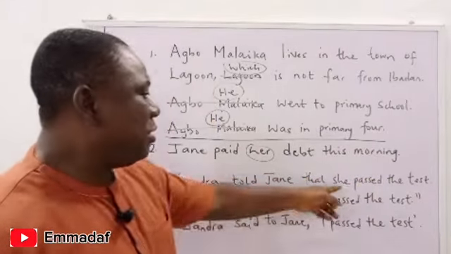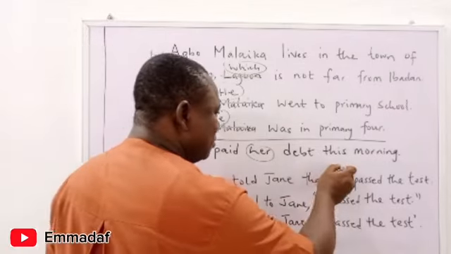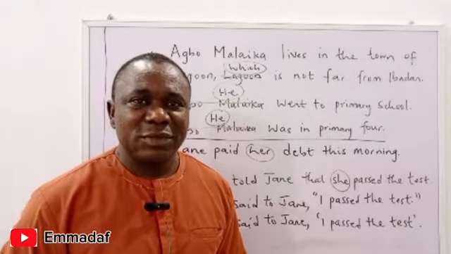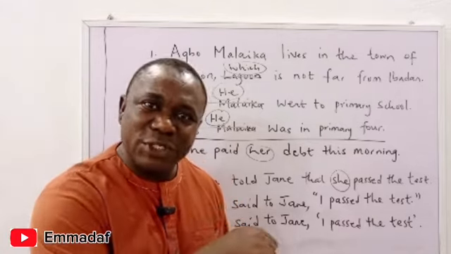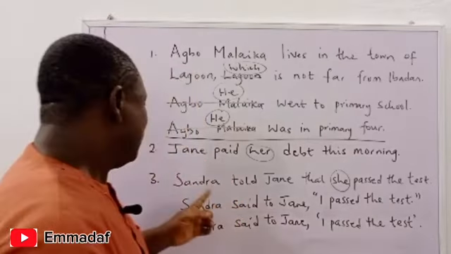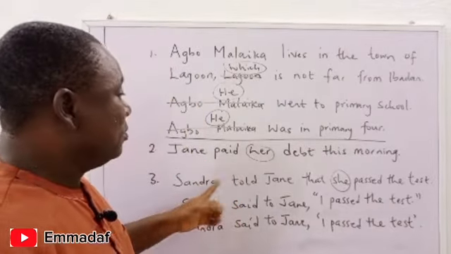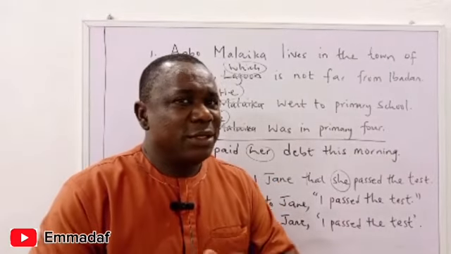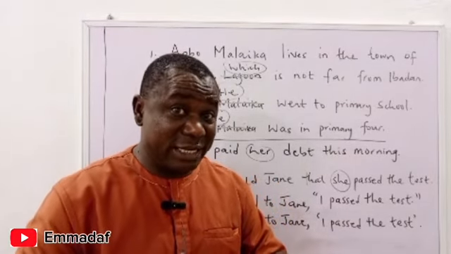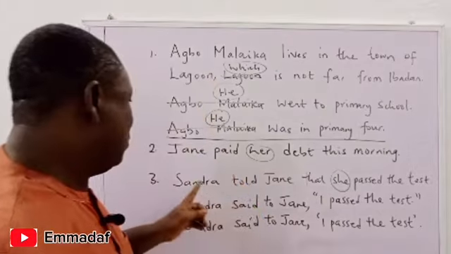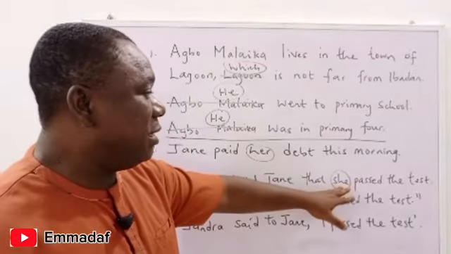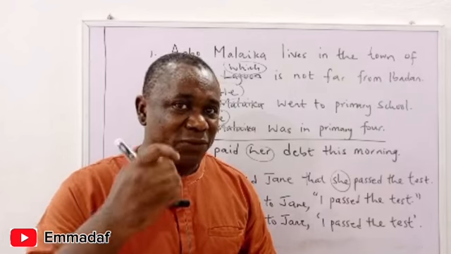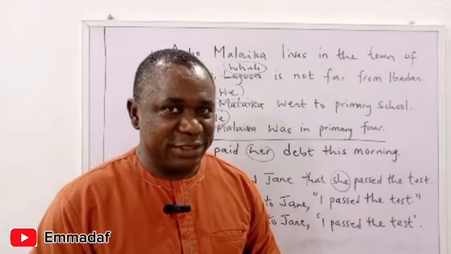Now, this is the pronoun. What is the antecedent of this pronoun? Is it Sandra? Is it Jane? The way the sentence is constructed, there is no way we can tell whether it is Sandra or Jane that this pronoun is referring to. This is what we call vague antecedent.